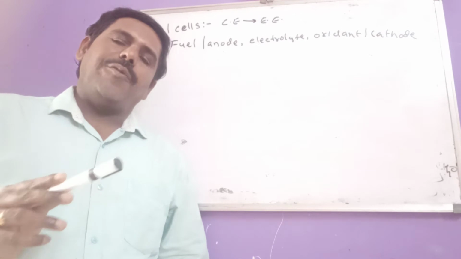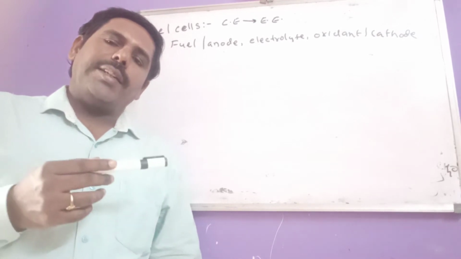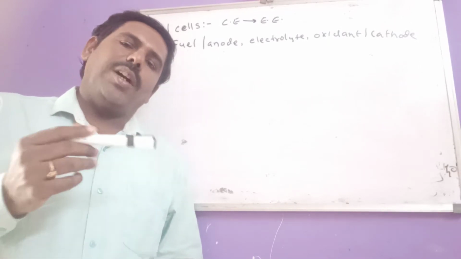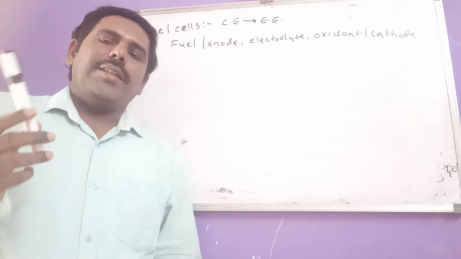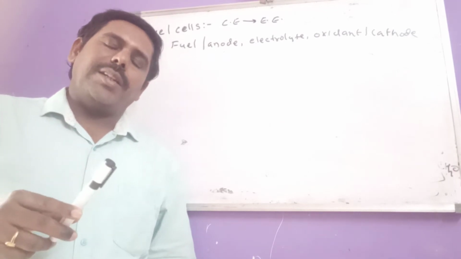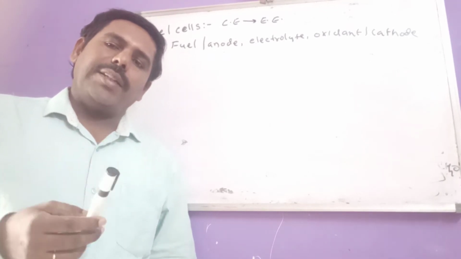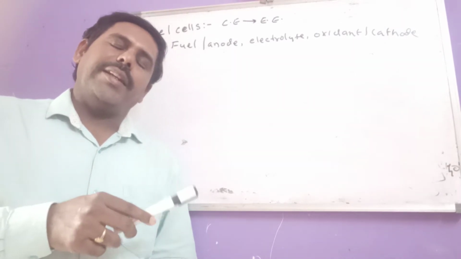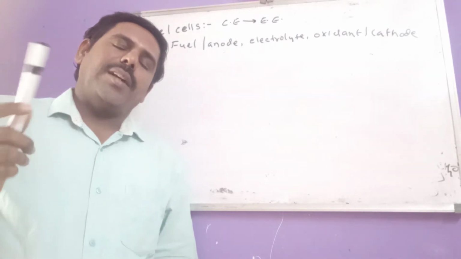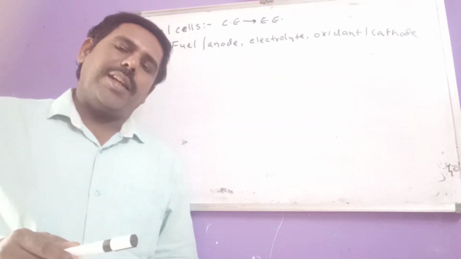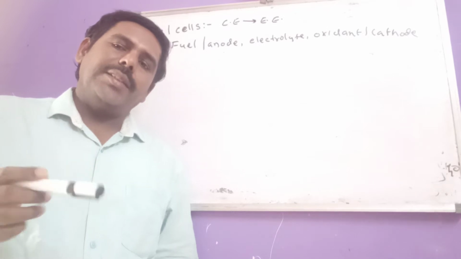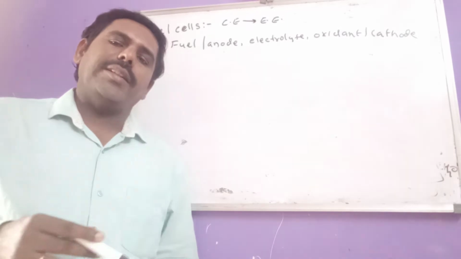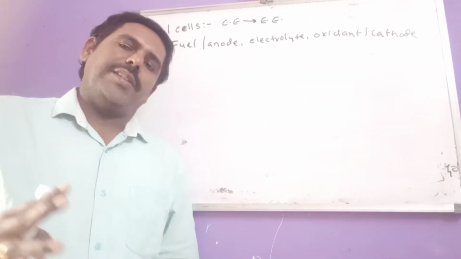Low temperature fuel cells, they work below 200 degrees centigrade. Second one, moderate temperature fuel cells, they work at 100 degrees centigrade to 300 degrees centigrade, in between that range. And third type, high temperature fuel cells, which work at more than 300 degrees centigrade or more than 400 degrees centigrade. So three types of fuel cells are there.